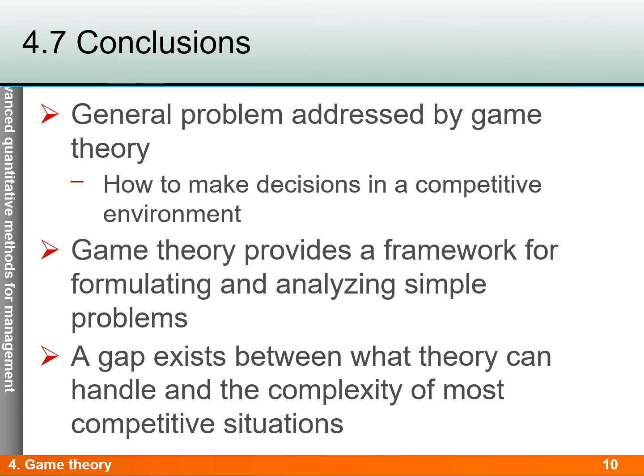Okay, based on the different scenarios, we learned how to formulate and how to decide about the different formulations and make a decision based on those strategies. And a gap exists between what theory can handle and the complexity of most competitive situations solved by game theory. Thank you very much for your attention and have a nice time.